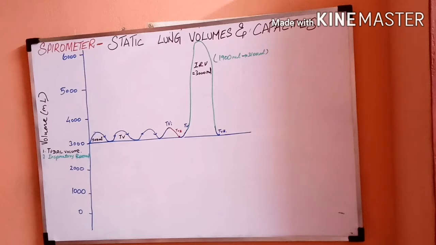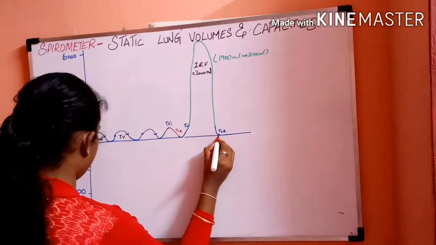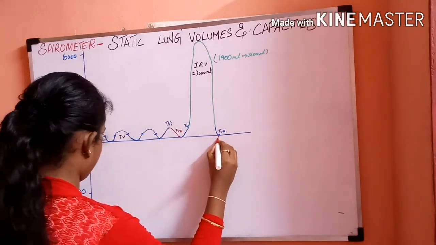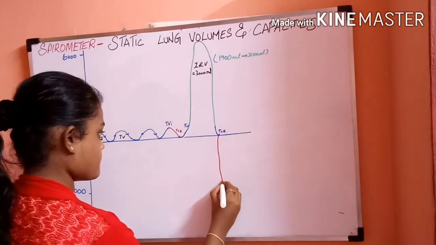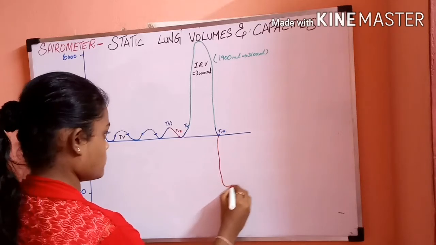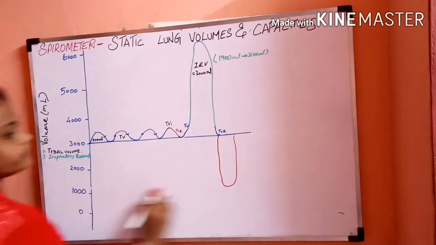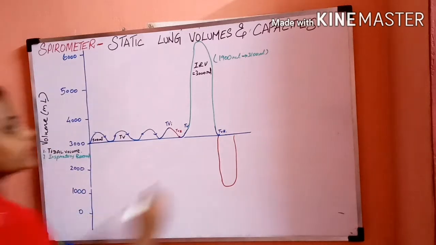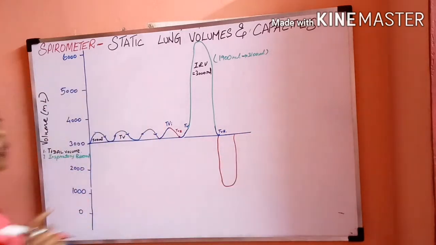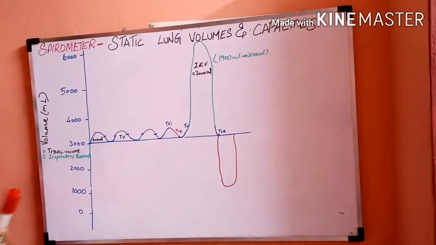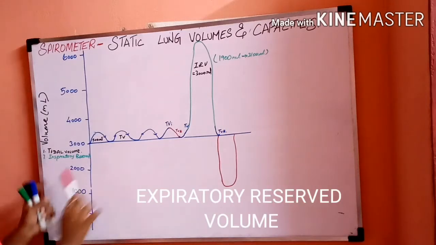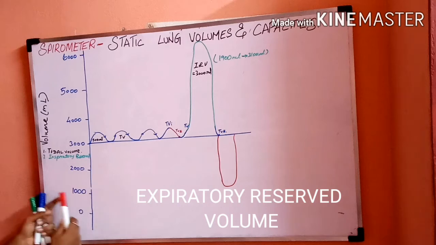Okay, now let us see the inspiratory. This will be the inspiratory reserved volume. Inspiratory reserved volume ஓட normal value பார்த்தீங்கன்னா 1,200.